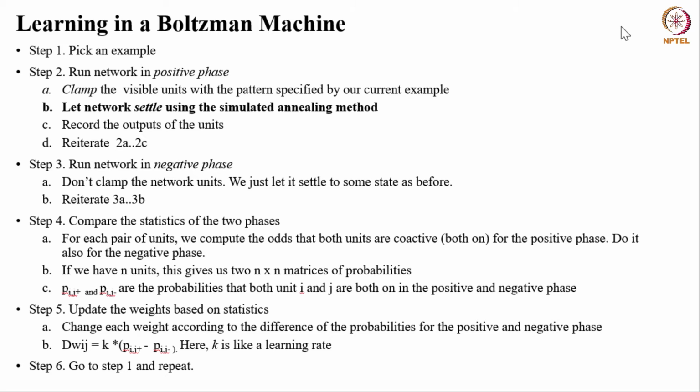Looking at the process in a Boltzmann machine, on this slide there is a simple scheme. So actually we look at one example at a time, and for every example we run the network in two phases. The positive phase is defined by you in a way clamping or locking the visible units with the pattern specified in the example, and then letting the network settle using this annealing technique, and then you record the outputs of units.